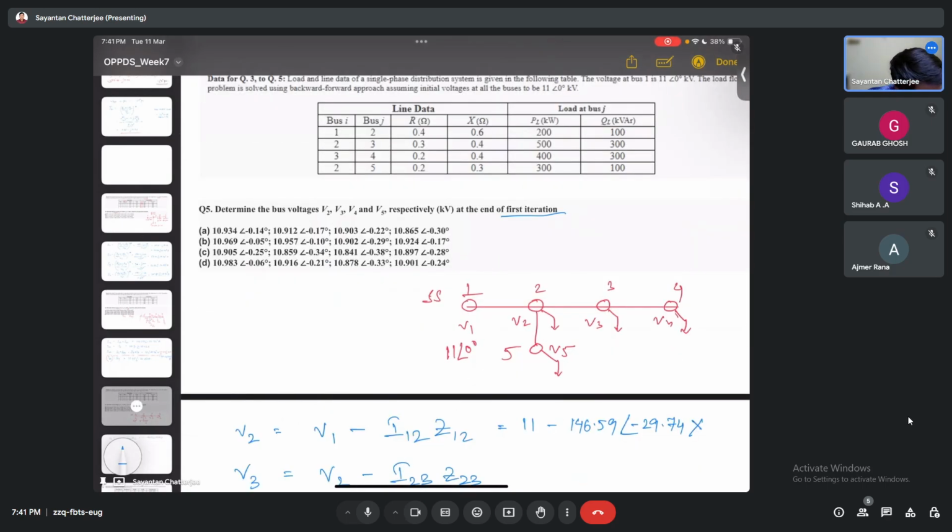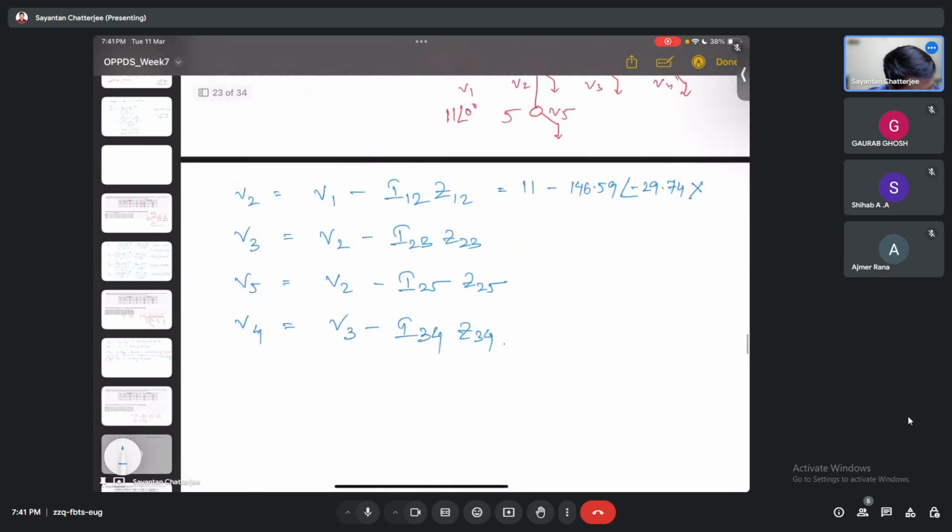Z12 is, yes, bus 1 to bus 2, 0.4 plus j 0.6. So this is in polar form.